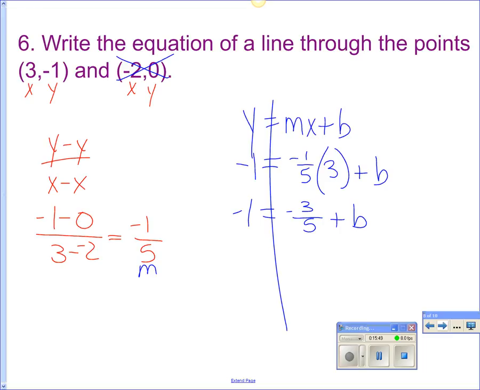Okay, Haley, what are we doing next? Well, I haven't done this yet. Sorry, I moved that over. So +3/5. All right, Dylan, what are you getting there? -1 plus 3/5. Very good. -2/5.